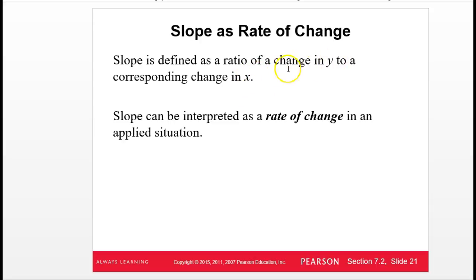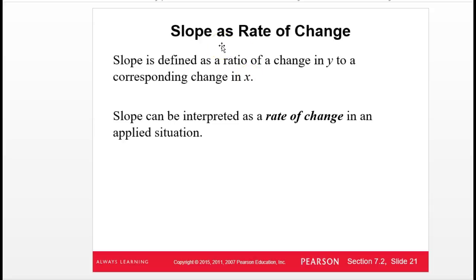Well, if you think of that like miles an hour, slope is change in y divided by change in x. So change in miles divided by change in hours, miles per hour, that slope would be speed. So there's interpretation of these things. When y is something other than just numbers, when it has some type of an interpretation, and x does too, then slope has an interpretation too.